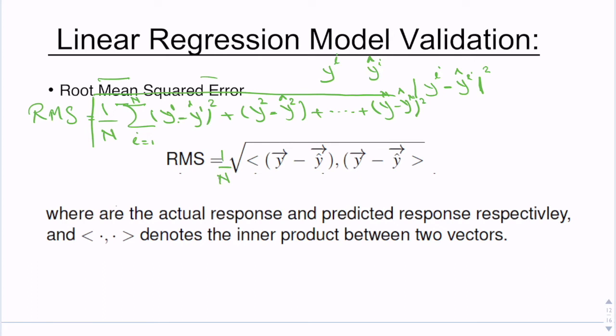And then we know that if you want to write it in terms of vectors, this is the inner product of the vector y minus the vector y hat. We subtract two vectors element-wise. If you do the dot product, this is exactly squaring each difference and summing them up.